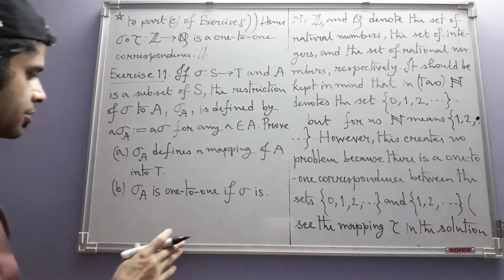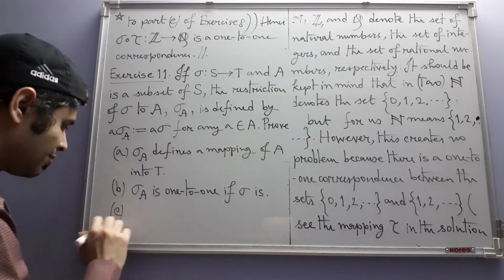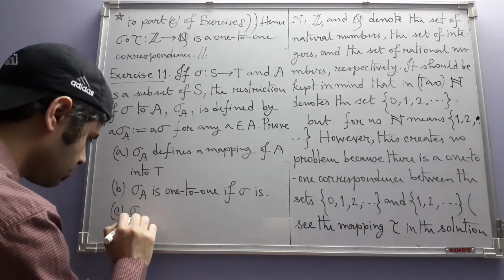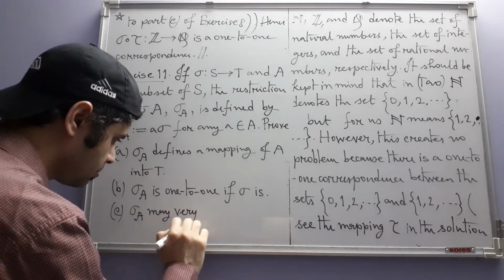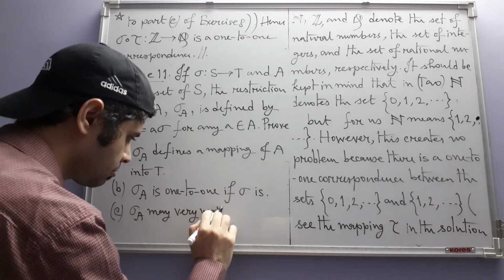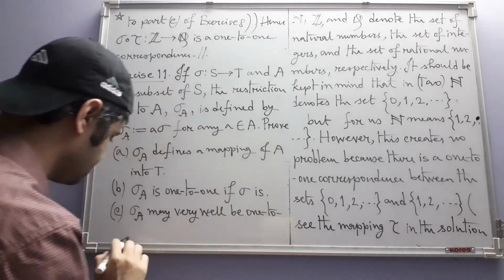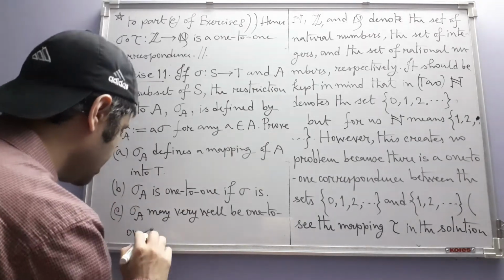That means the restriction of any 1-to-1 function is also a 1-to-1 function. However, the converse is not necessarily true. Sigma A may very well be 1-to-1 even if sigma is not.